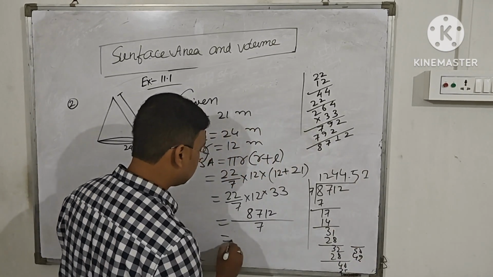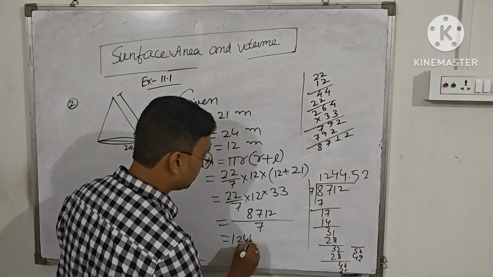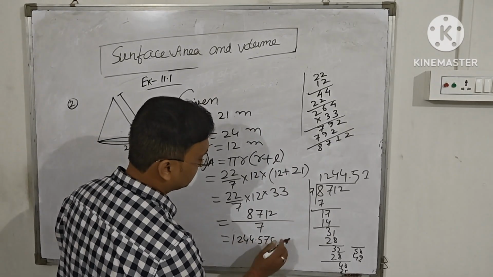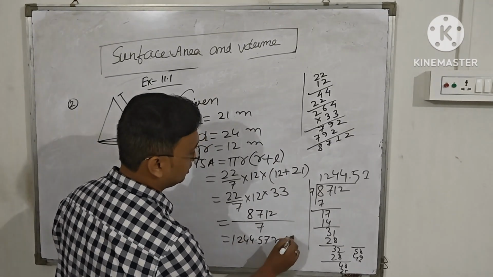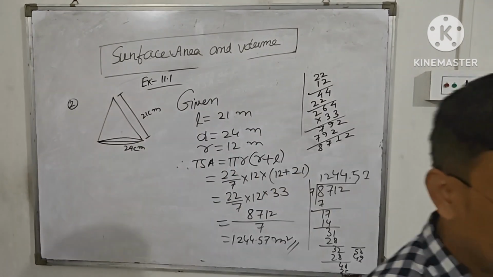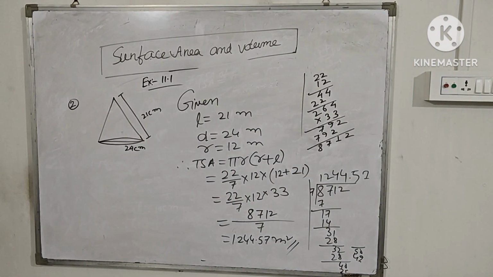Okay, approximately answer is 1244.57 centimeter square. This is the total surface area of this cone.